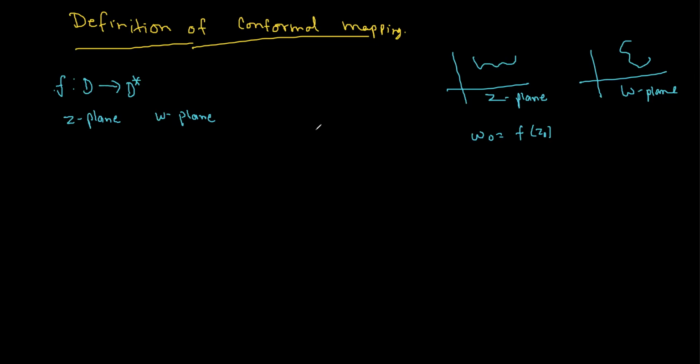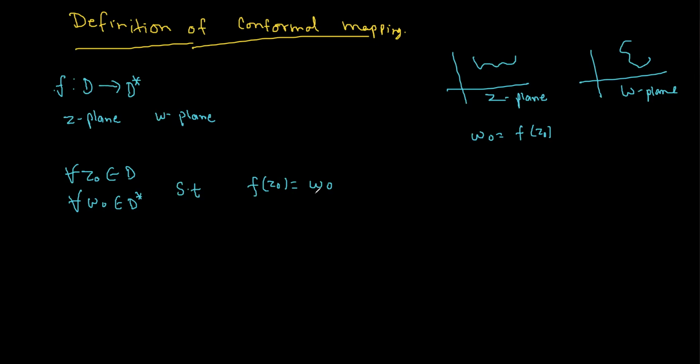And what does mapping actually mean? Let's suppose this is a point which belongs to D and this is a point which belongs to D star, such that f of Z naught is equal to W naught.